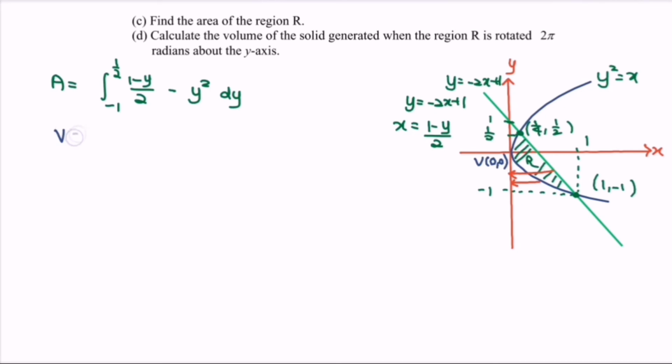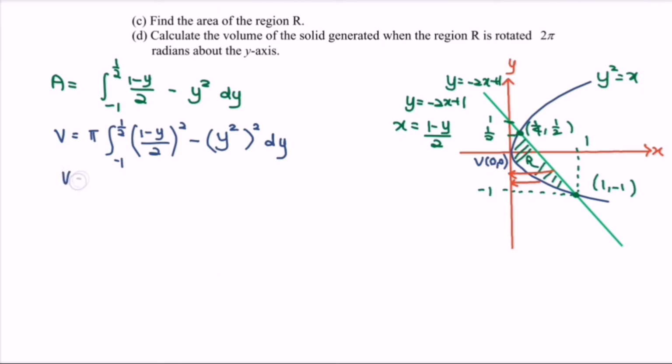So V equals pi integral where we have the longest, which is ((1 minus y) over 2) squared, minus y squared, with respect to y for the limit negative 1 until 1 over 2. It looks similar to area, just that we have square for both functions.